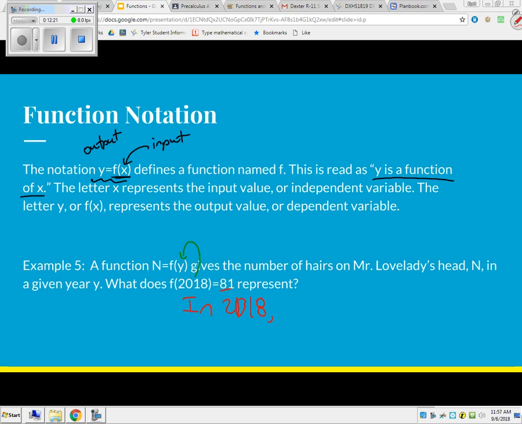That's my n. So we could say, it's currently 2018, so Mr. Lovelady has 81 hairs on his head. That'd be a great sentence to summarize what that function notation means.